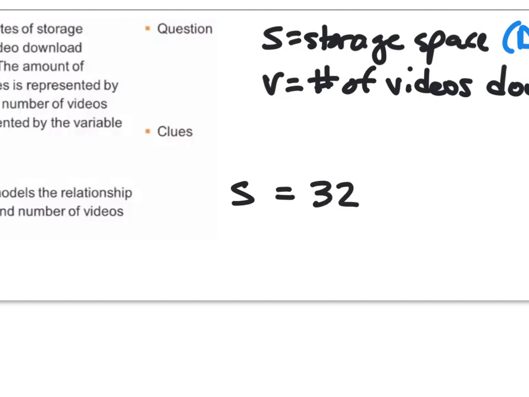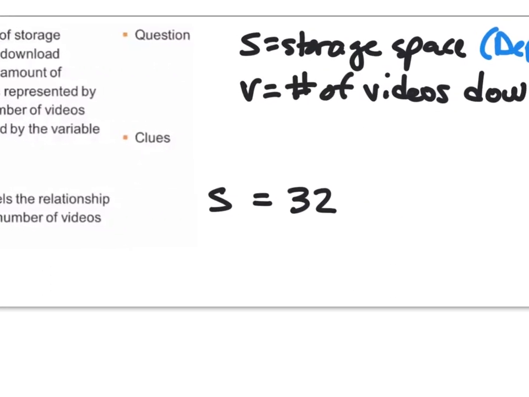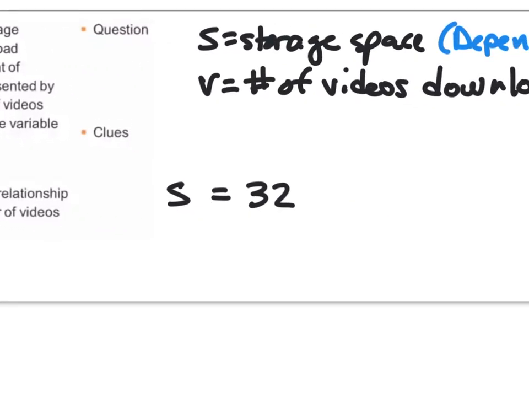And then every video we download requires 2 gigabytes. So I have 32 gigabytes, but then I need to subtract off 2 gigabytes per video. I came up with this.